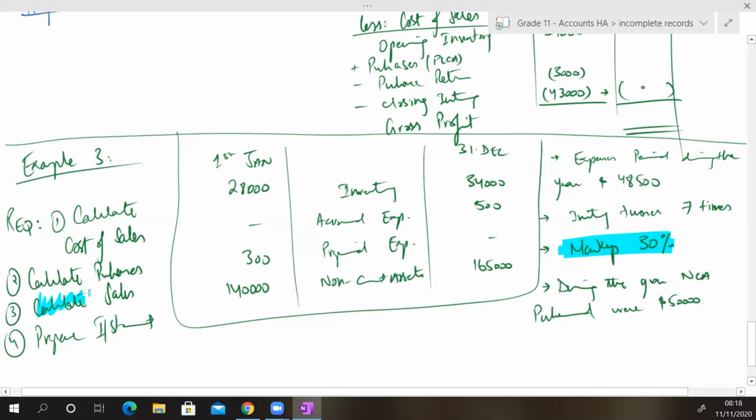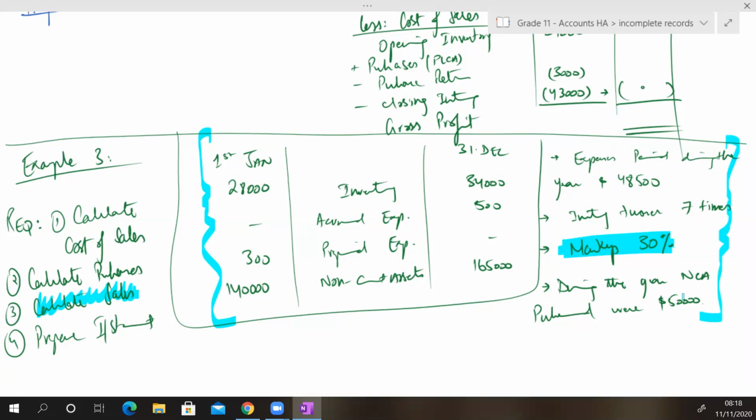सेल्स भी नहीं है, सिर्फ ये इंफॉर्मेशन गिवन नहीं है, ये और ये इंफॉर्मेशन जो यहाँ पर है. तो कॉस्ट ऑफ सेल्स की आपके पास ओपनिंग इन्वेंट्री और क्लोजिंग इन्वेंट्री तो आ गई है. तो अब क्या करेंगे?